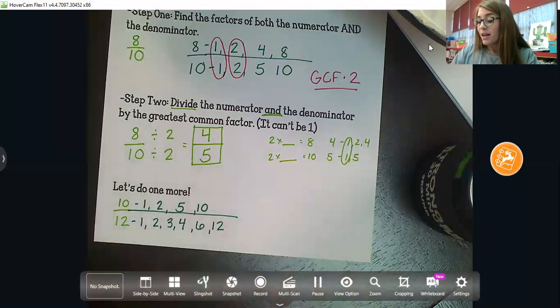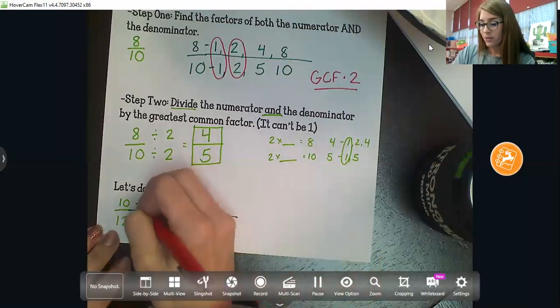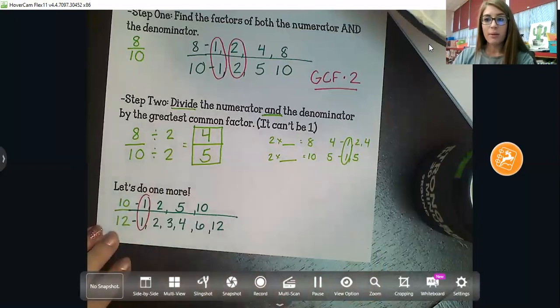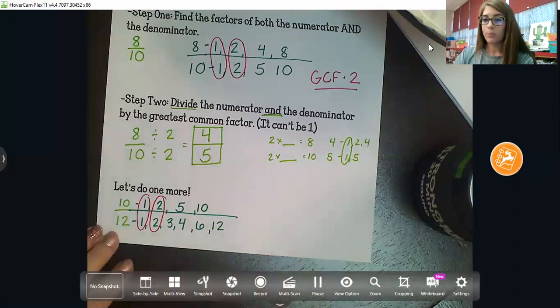Okay. So now we're going to go through and find the factors that they have in common. Do they have 1 in common? Yes, they do. Do they have 2 in common? Yes. 3? Nope. 4? No. 5?